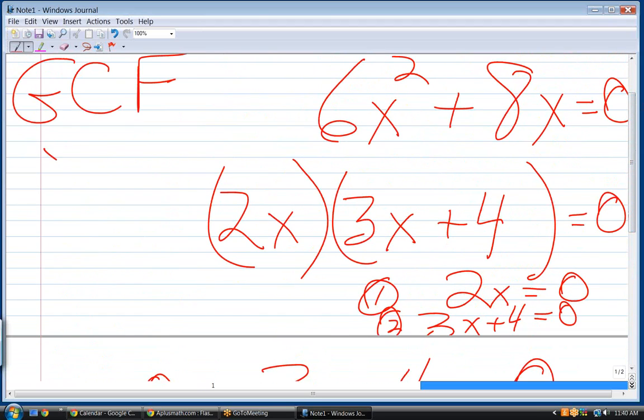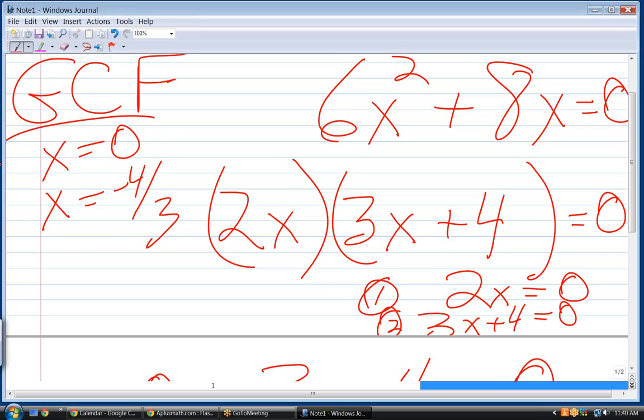If I plug in x equal to 0, yeah, 6 times 0 plus 8 times 0 is equal to 0. So x equal to 0 works. And if I try the other solution, it will work also.